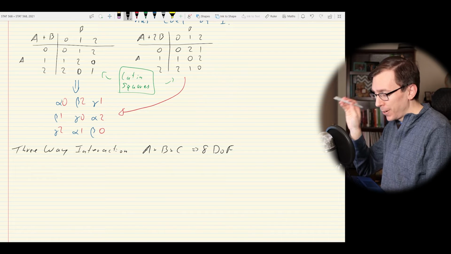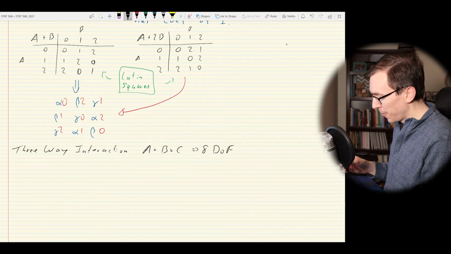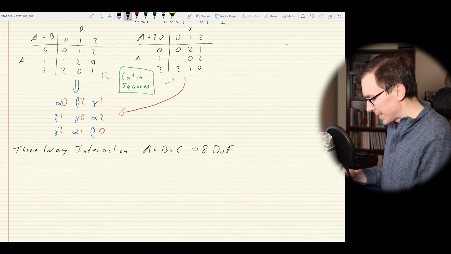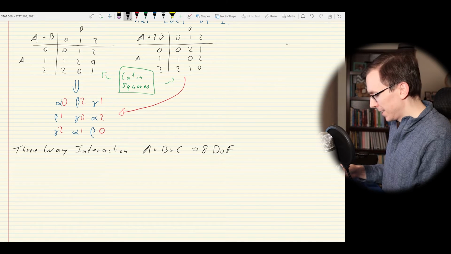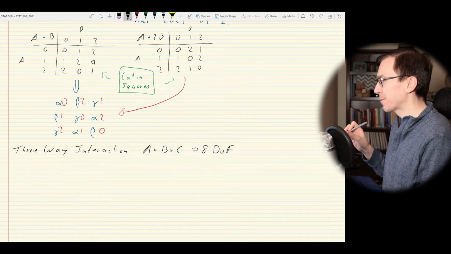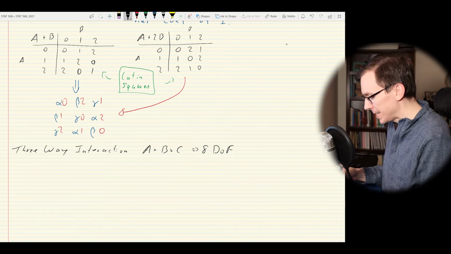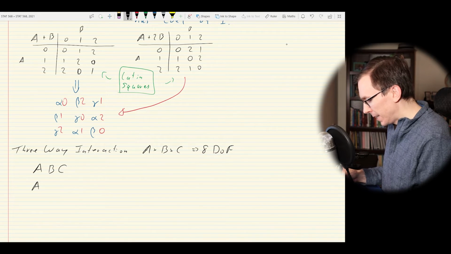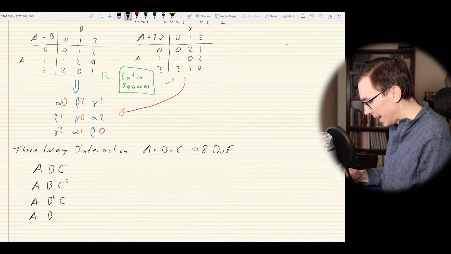Well, if we follow the rules that I said before, what we're going to do is consider 4 different 2-degree of freedom interaction terms. We're going to decompose it into ABC, ABC squared, AB squared C, and AB squared C squared.